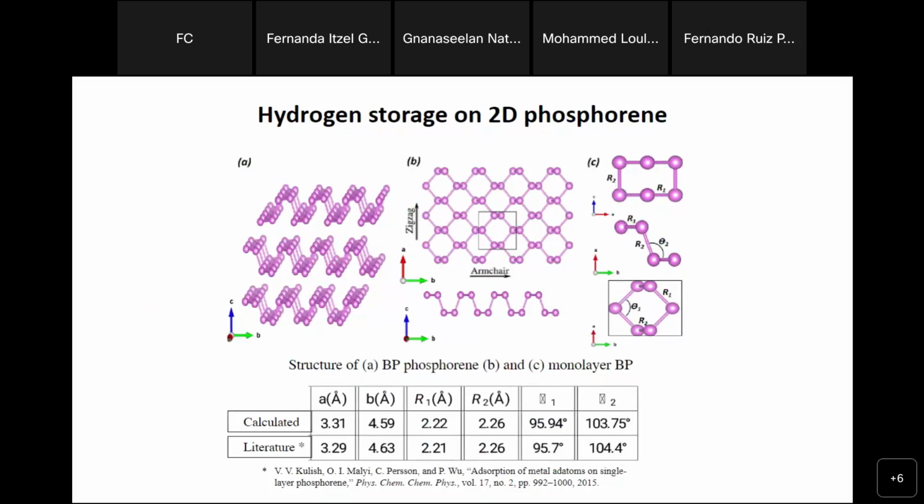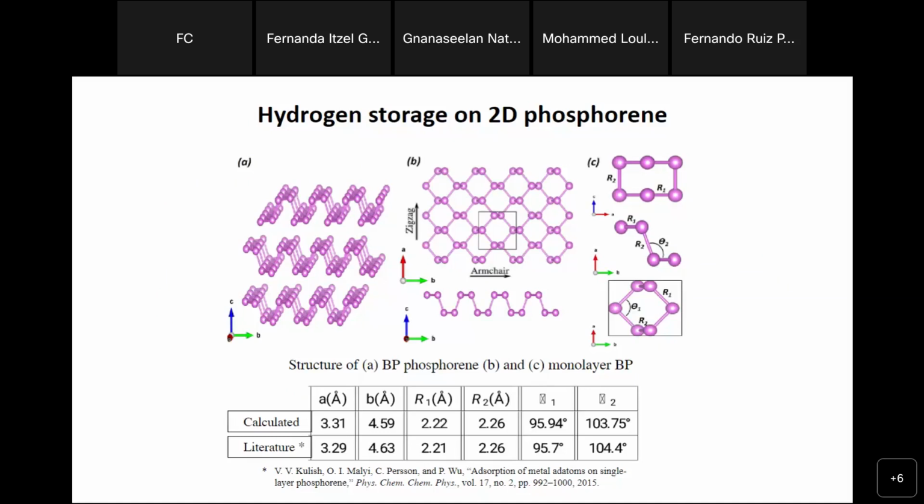Unlike graphene, the structure of the black phosphorene is puckered. And we can see for a monolayer of phosphorene that along the B direction, there is an armchair structure, while along the E direction, we have a zigzag structure. All the structural parameters are given in this table.